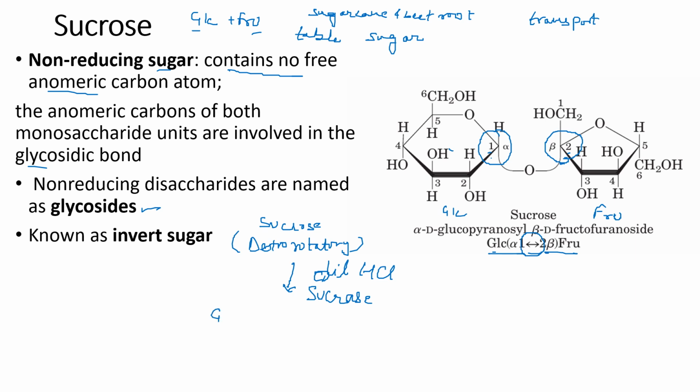Then it will form glucose plus fructose. Initially, it is the glucopyranose form of glucose and the fructofuranose form that are formed.